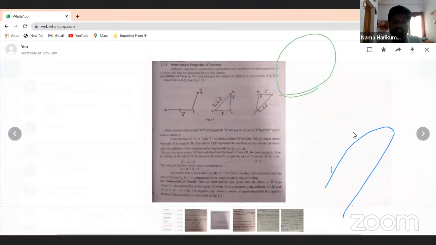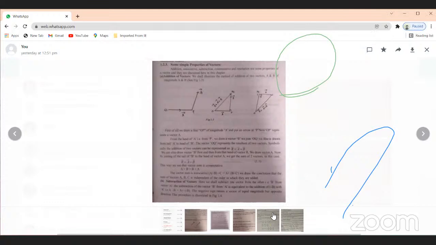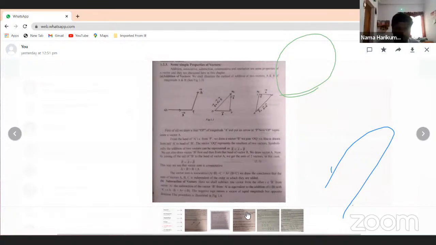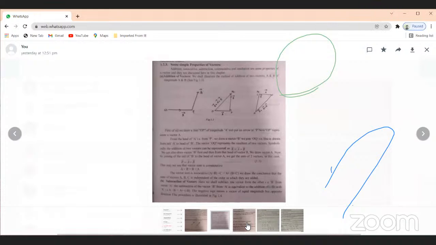B vector is PQ. So the resultant vector R equals A plus B. Is it clear? Yes, sir. All of it is clear? Yes, clear, sir.